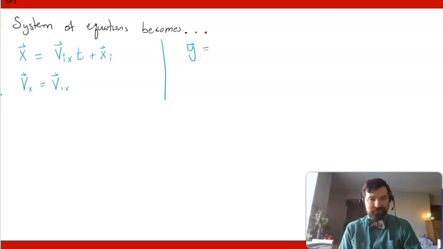Okay, the y parts become, well, basically as we had them before. But with now a 1/2 g, so the a sub y is now negative g, times t squared plus v initial y times time plus y initial. And I guess if we're actually writing it in vector form, we probably should just write it like this.